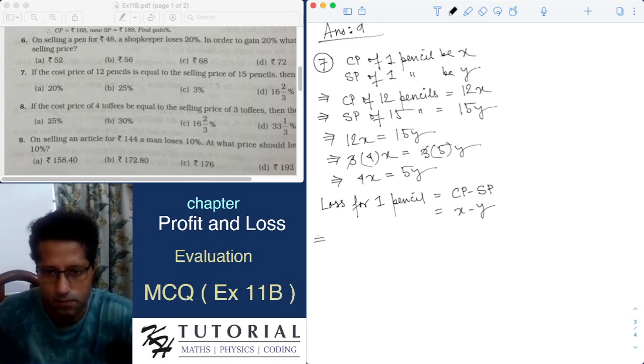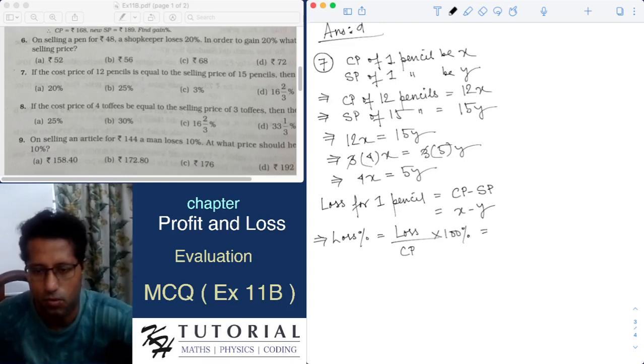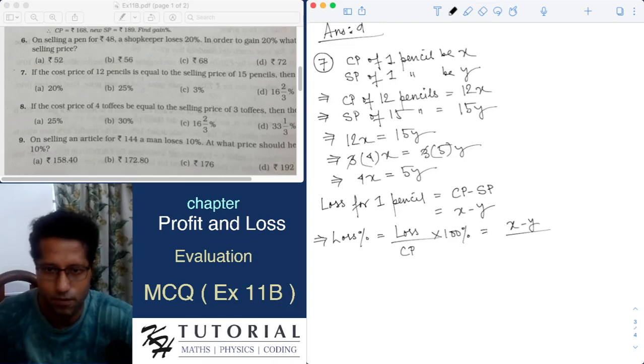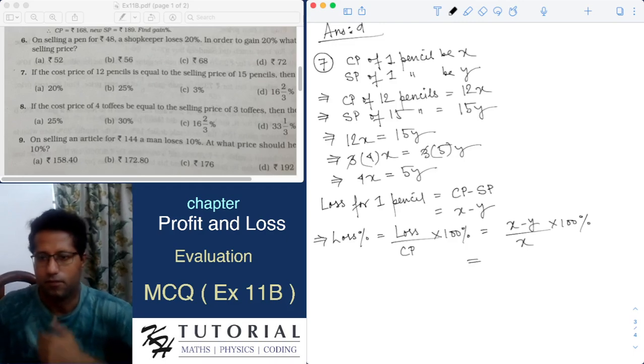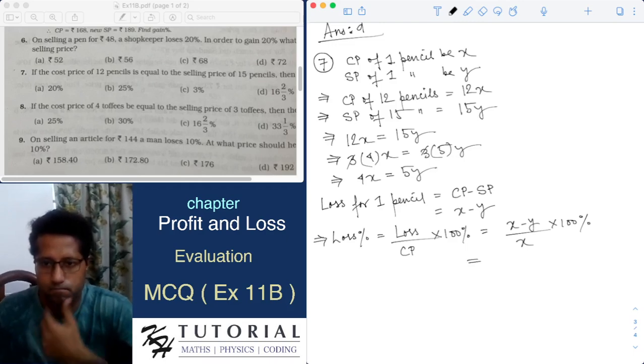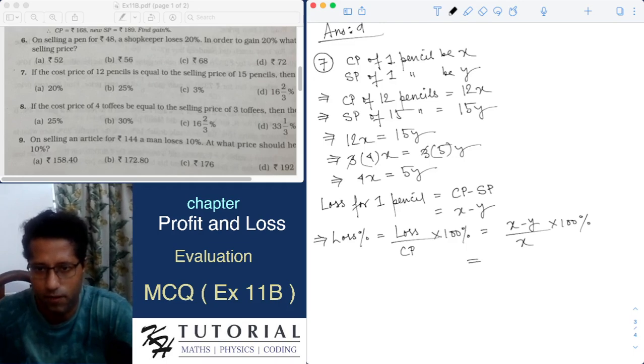This implies loss percent is loss for one pencil divided by cost price of one pencil multiplied by 100 percent. The loss we know for one pencil is X minus Y, and the cost price of one pencil is X. So this into 100%.